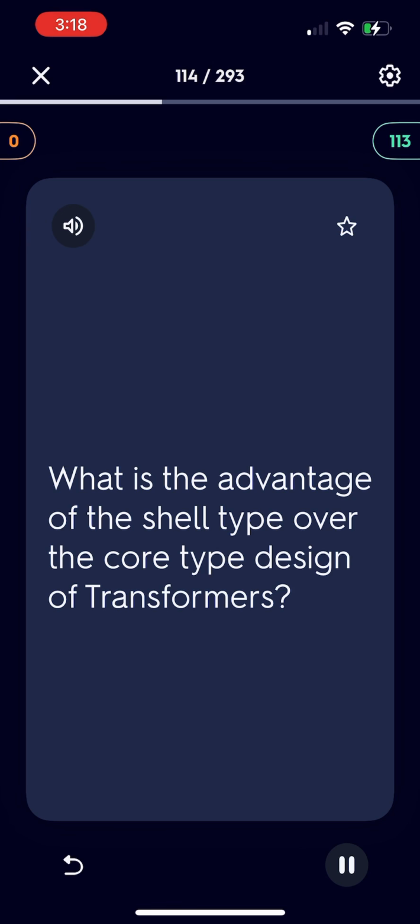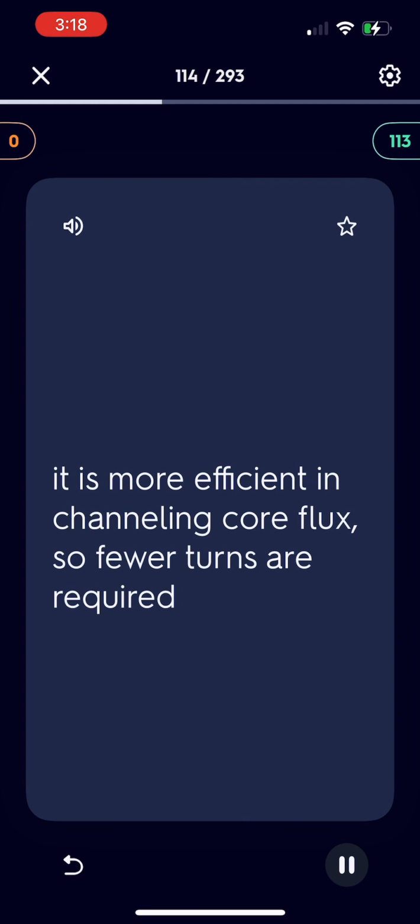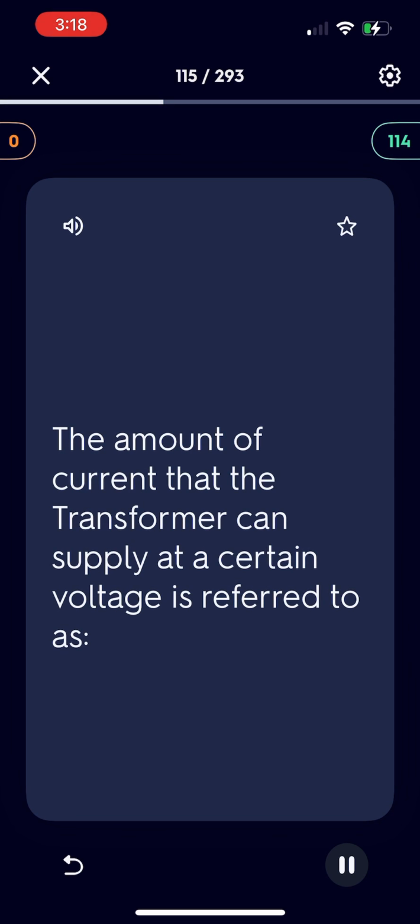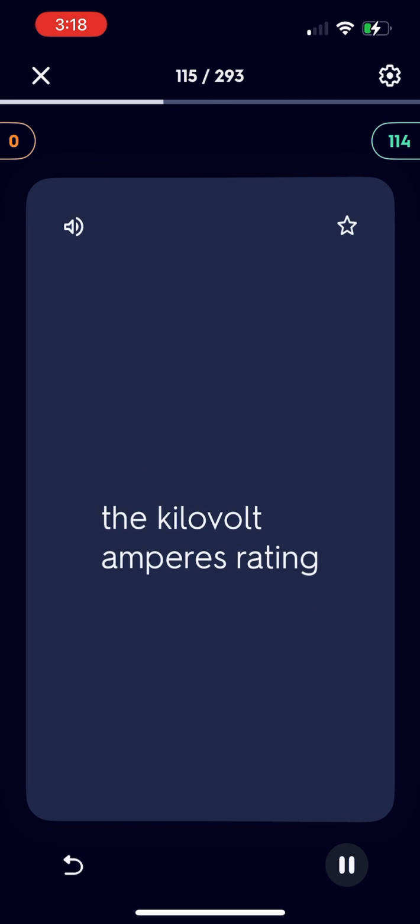What is the advantage of the shell type over the core type design of transformers? It is more efficient in channeling core flux, so fewer turns are required. The amount of current that the transformer can supply at a certain voltage is referred to as the kilovolt amperes rating.